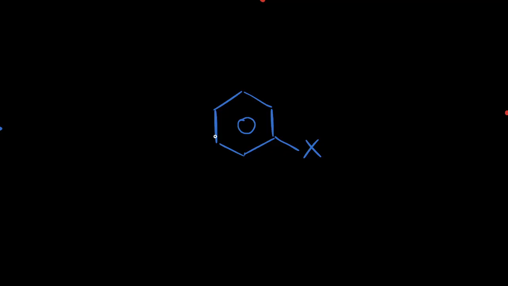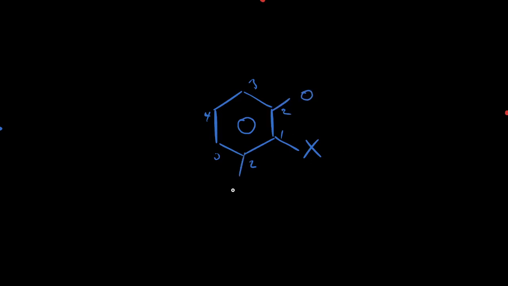We can notice that if our substituent is here, and we call this the primary carbon, the carbon containing our substituent, carbon number 1, and here is our carbon number 2, these are our carbons 3, and this is our 4th carbon here. If we look at it like this, well then the carbons on our second position, the ones that are directly adjacent to our substituent containing carbon, those are going to be your ortho.